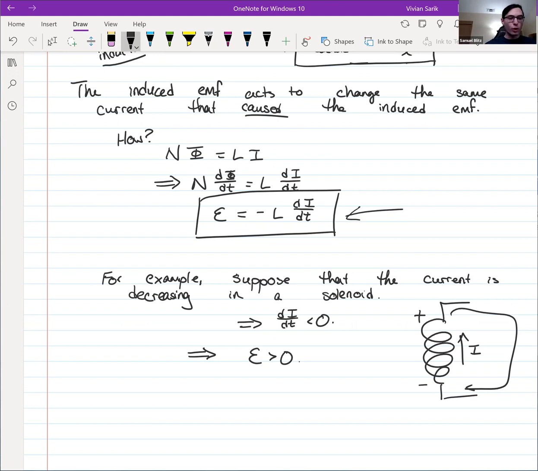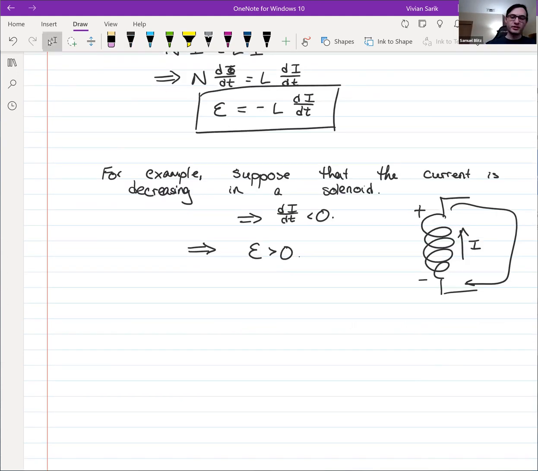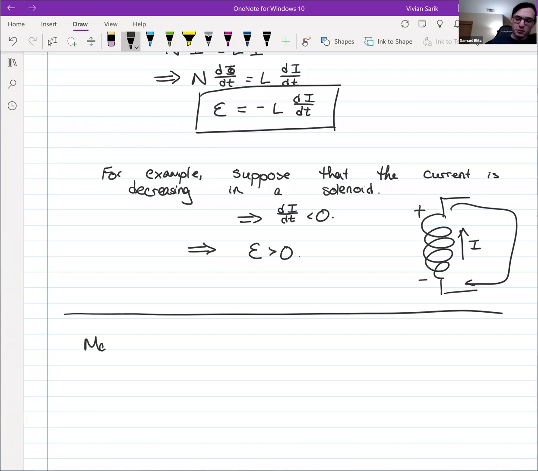Right. So before we continue and start talking about circuits, let's talk about the energy in a magnetic field. Remember back in the day, we talked about the energy stored in an electric field inside a capacitor. That gave us a way to talk about the energy stored in any electric field. It doesn't have to be inside a capacitor.